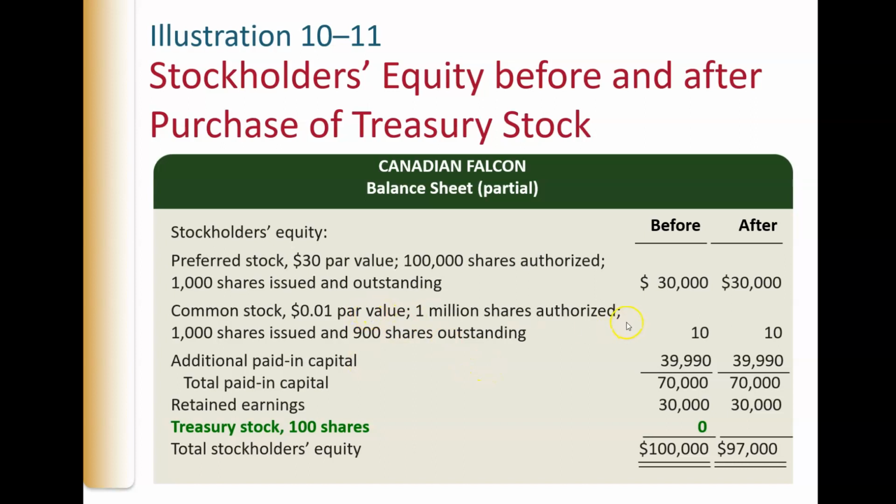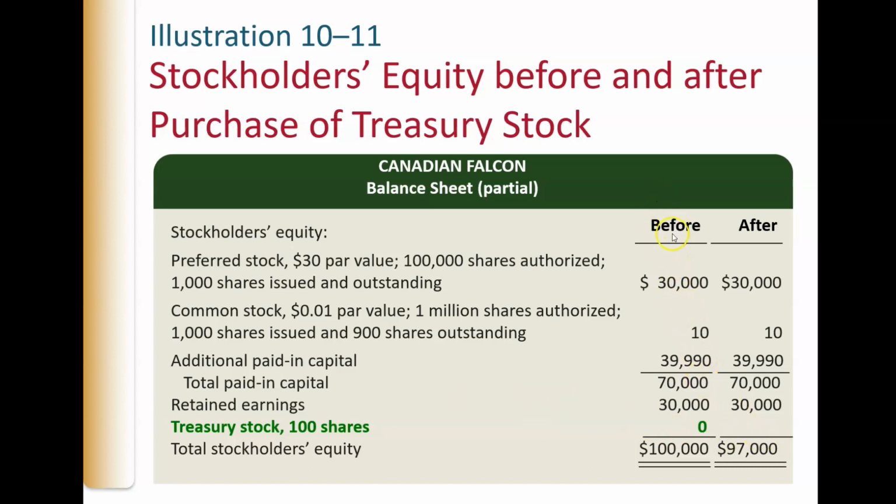So when a company purchases treasury stock, it does not affect the stock accounts. It affects additional paid-in capital and an account called treasury stock. Treasury stock is a contra stockholders' equity. You debit it to increase it instead of crediting it to increase it.